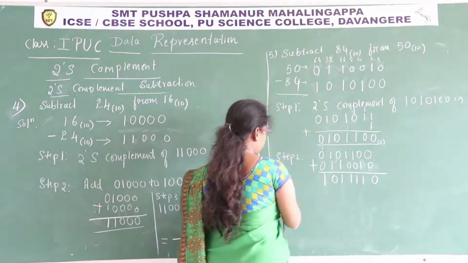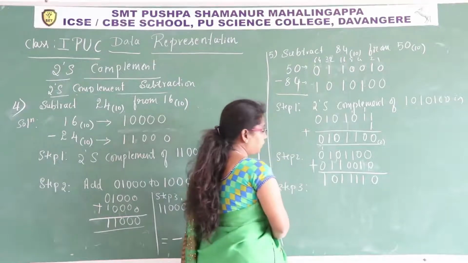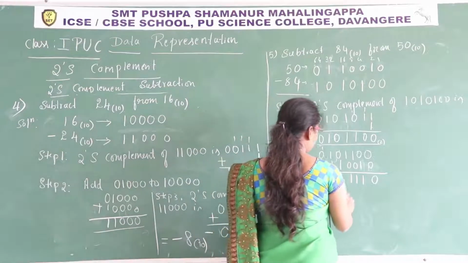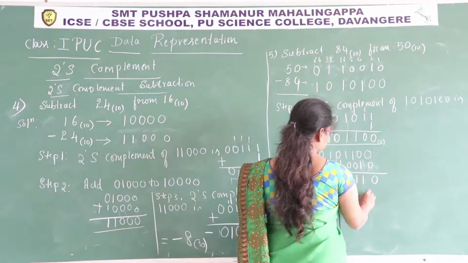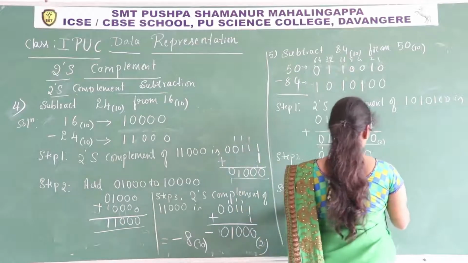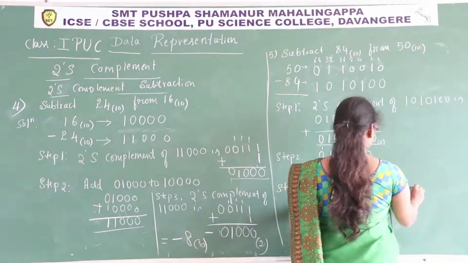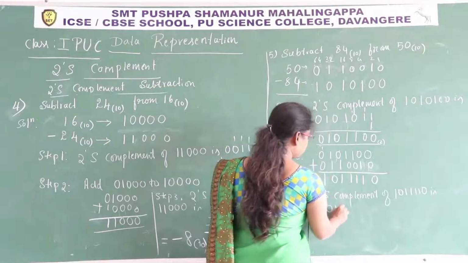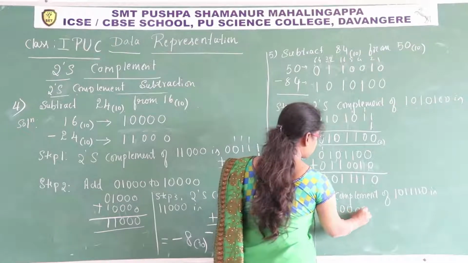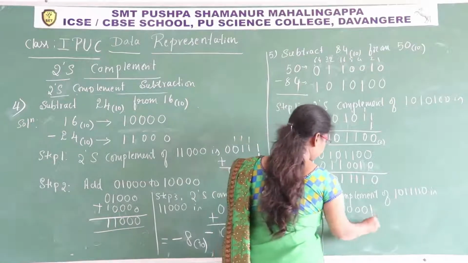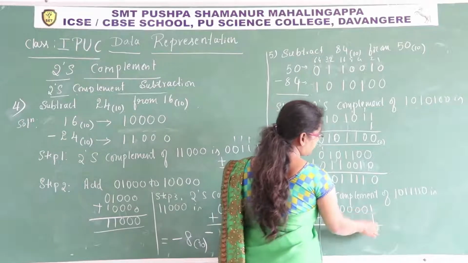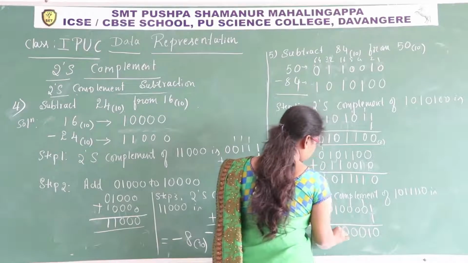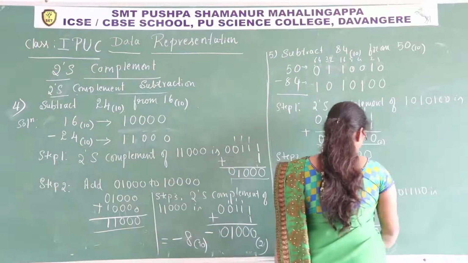In this example, there is no end around carry, so we have to take the 2's complement of this result. The 2's complement of 1 0 1 1 1 1 0 is 0 1 0 0 0 0 1 plus 1, which is 0 1 0 0 0 1 0 base 2.